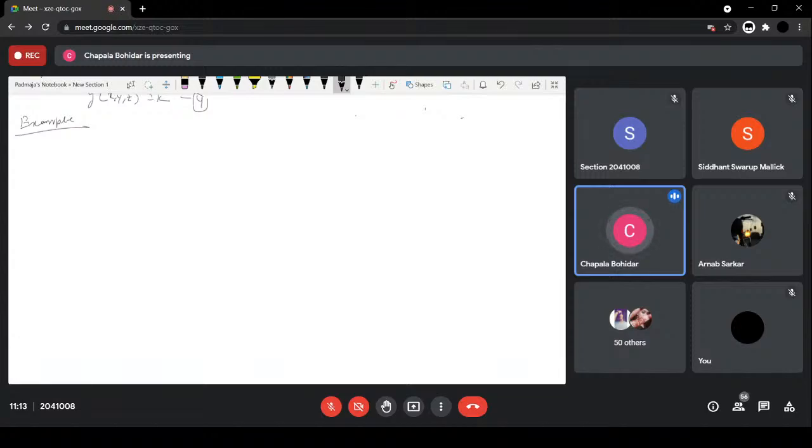The example is a rectangular box. All of you have that question. A rectangular box without a lid is to be made from 12 square meters of cardboard. Last article I did this problem.